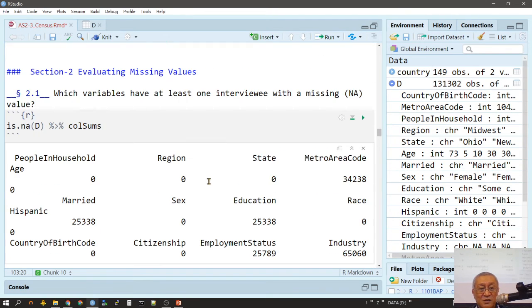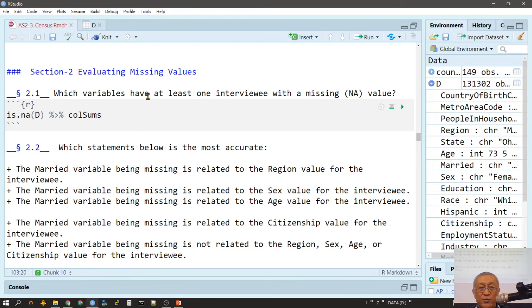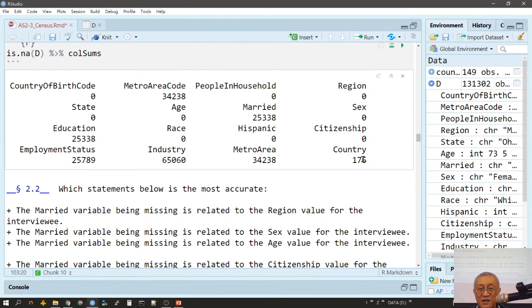Now he's asking which variable has at least one interviewee with a missing data value. I told you already, we just use this. Which variable? Say, metro area code, marriage, employment status, education, industry, metro, and country code also.